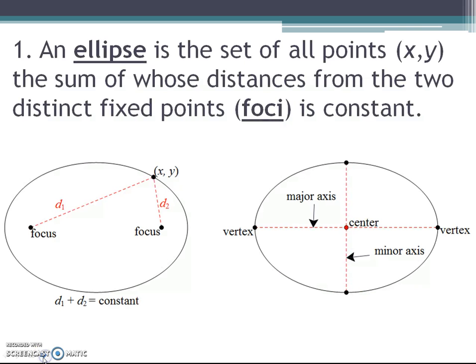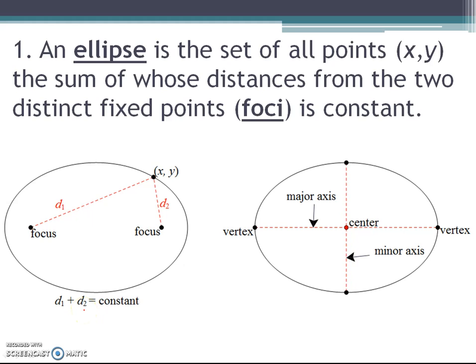But really, the more interesting thing is to define an ellipse this way. You can read this formal definition, but basically in that construction on the previous slide, the distances of those two red line segments coming out of the two foci, D1 and D2, will remain constant as you go around.